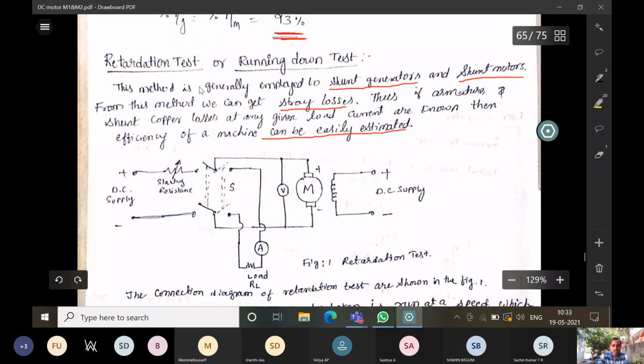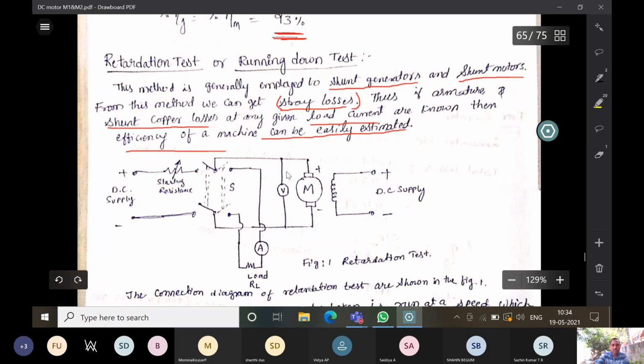It is an indirect method, like the Swinburne's test, where copper losses are found using the full load current from the nameplate details, and finally efficiency can be calculated.